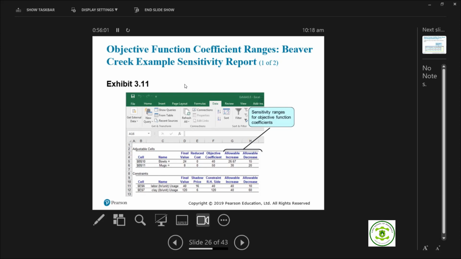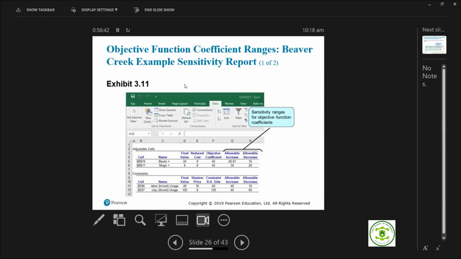To let you understand, the Excel solution has provided 2 extra columns: allowable increase and allowable decrease. Let me take the allowable increase. The allowable increase value for both is 26.67. What does it mean?